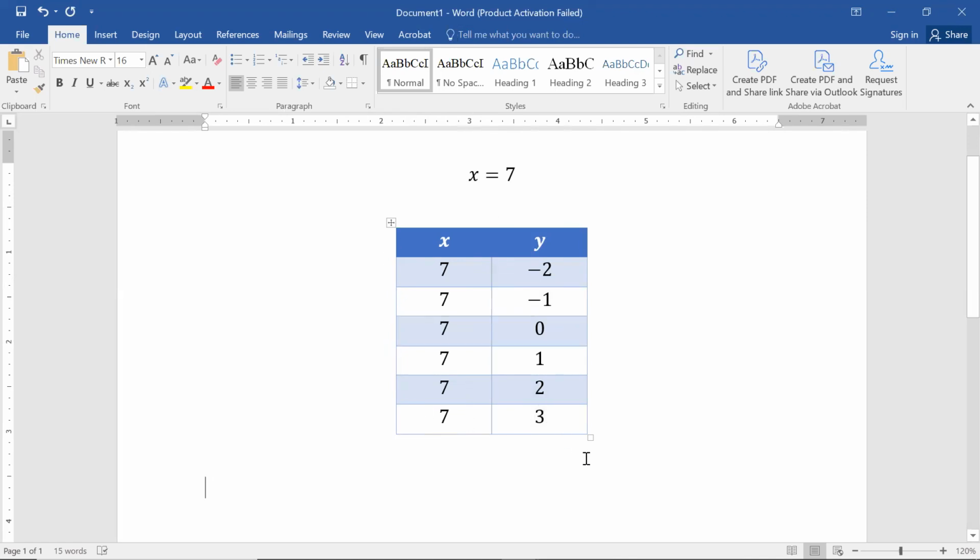Now that we see how we can create this table, we simply graph all these points just like we normally would and connect the dots. Connect those points with a straight line.